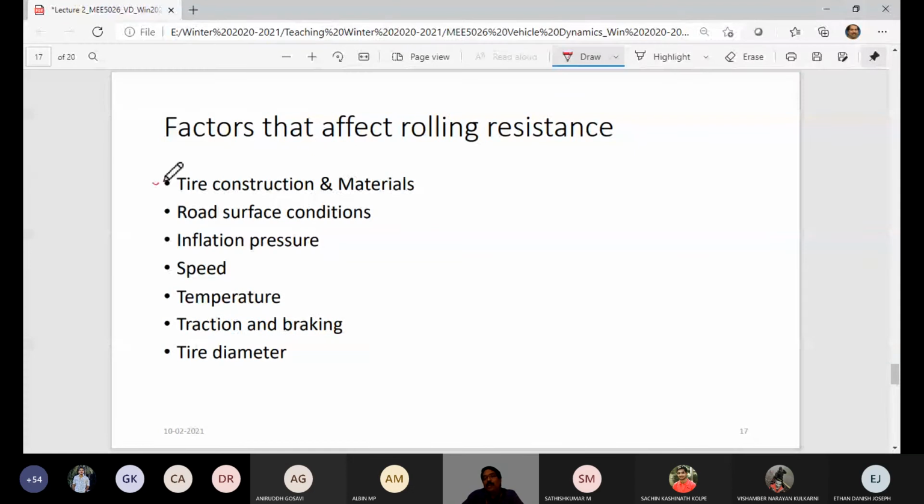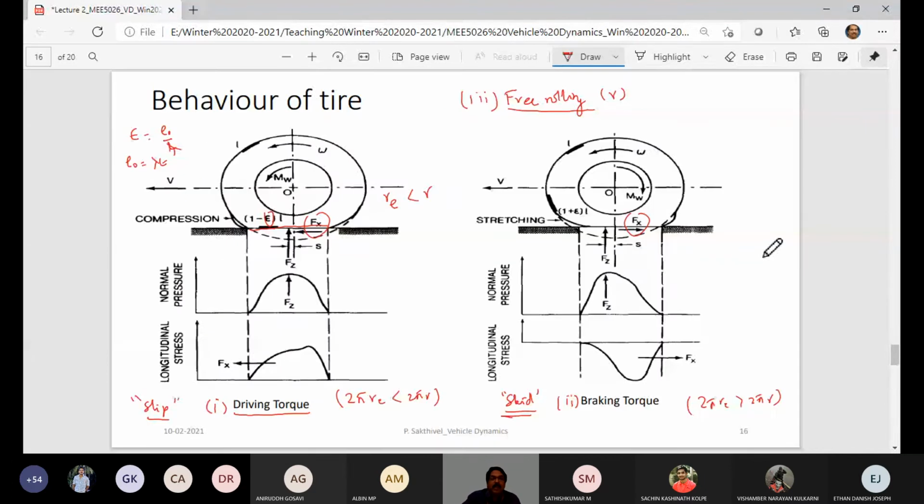If you look at the distribution of your normal pressure, like you have seen in this slide itself, it is not symmetric, it is at a distance s in front of the contact patch. This is because of the hysteresis loading of your tire.